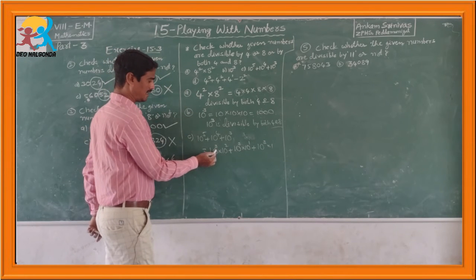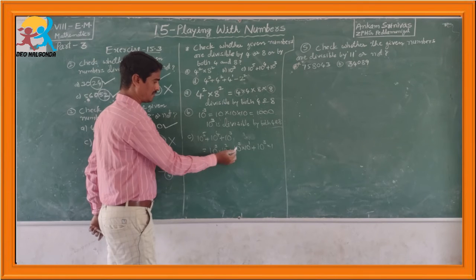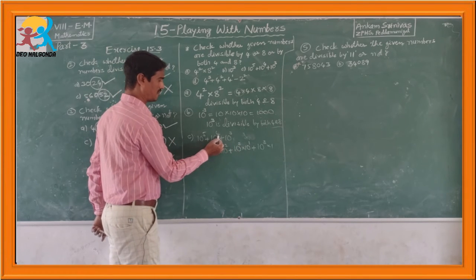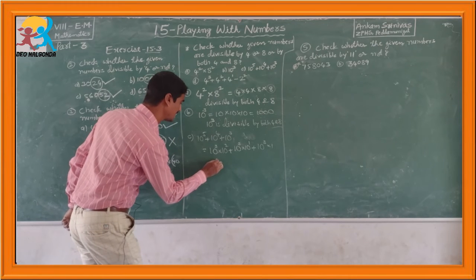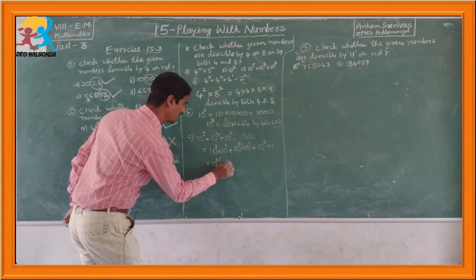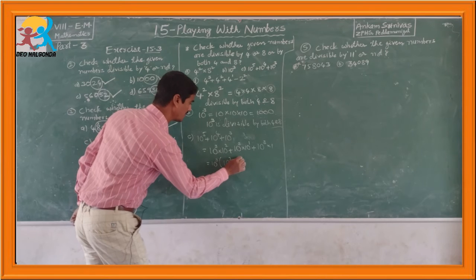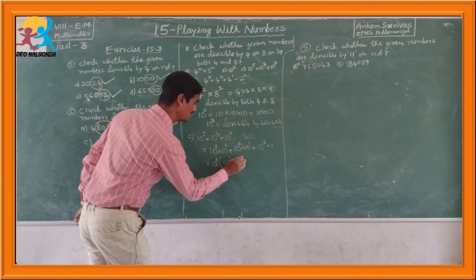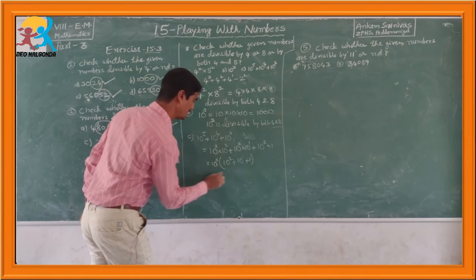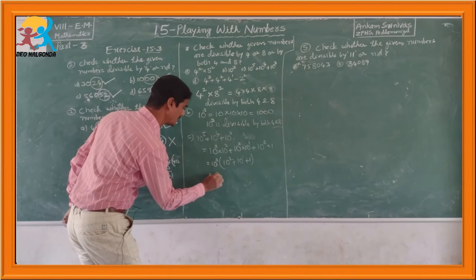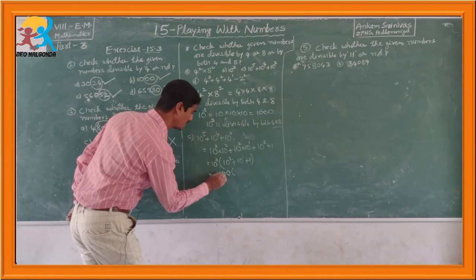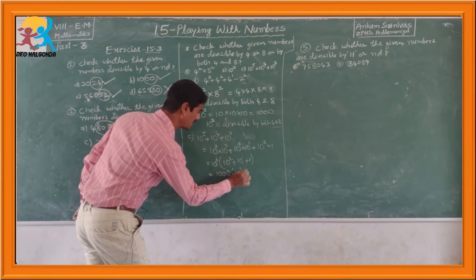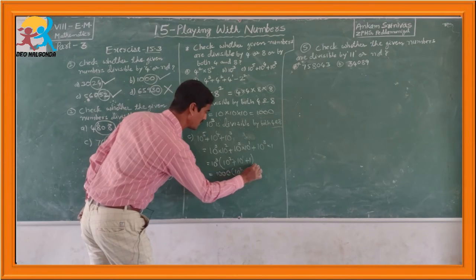So 10 power 3 into 10 square gives 10 power 5, 10 power 3 and 10 power 1 give 10 power 4, and 10 power 3 into 1. If I take 10 power 3 as common, then 10 square plus 10 plus 1. So 10 cube means 1000 into 10 square plus 10 plus 1.